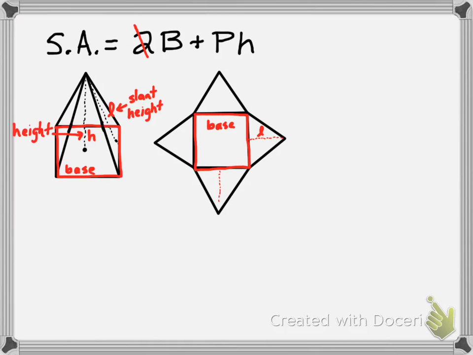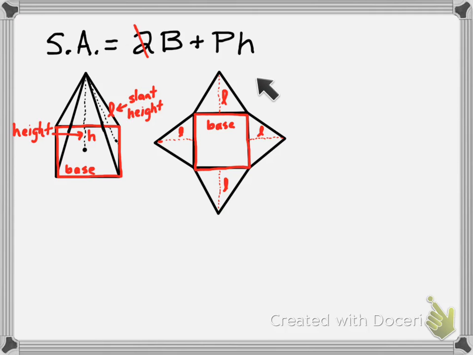Okay, now the slant height is not only on one of the sides, it's on all of the sides. So to find the area of the sides, do you think I'm still going to do perimeter of the base times height of the prism?